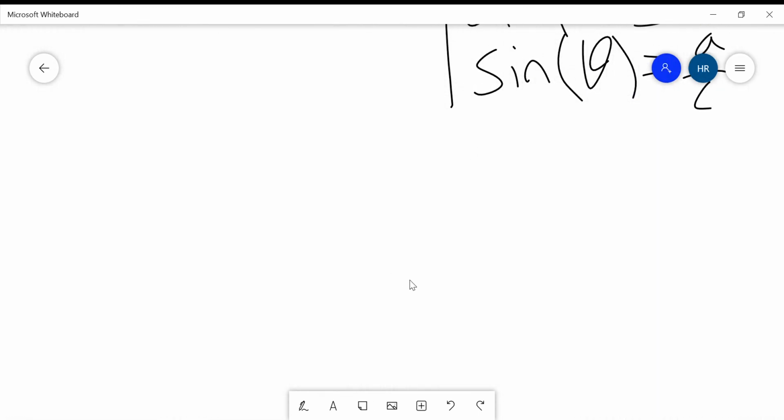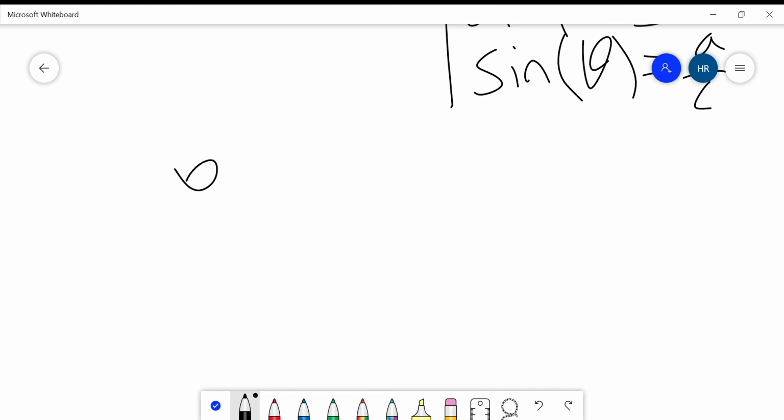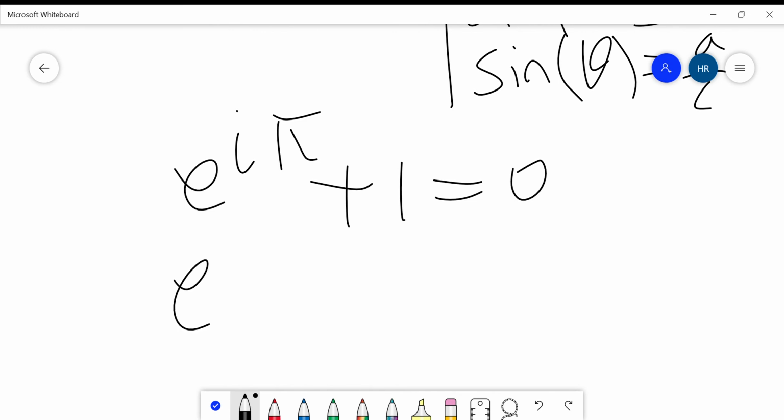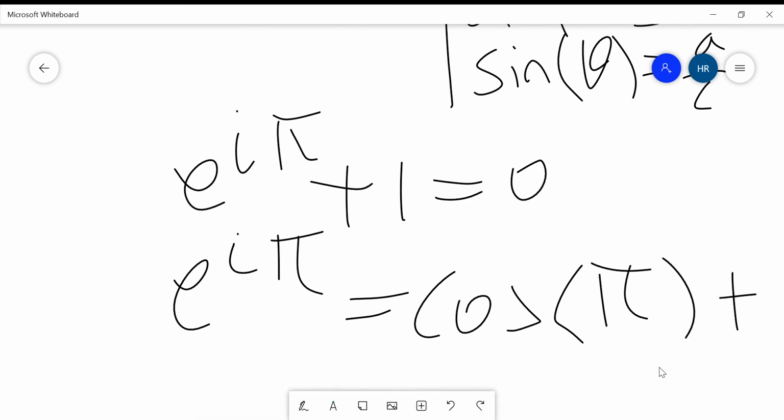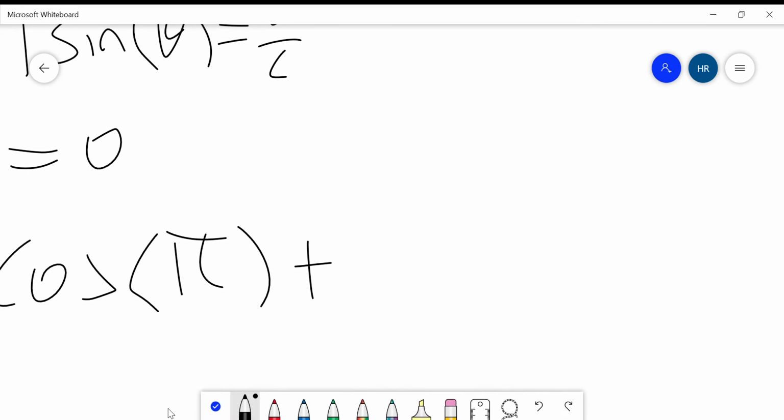We get the formula again, e to the i pi plus 1 is equal to 0. If we replace theta with pi, then we get e to the i pi is equal to cos pi plus i sine pi.